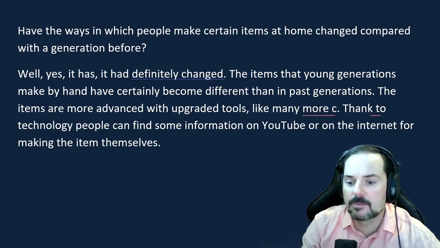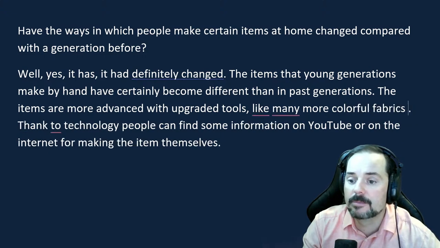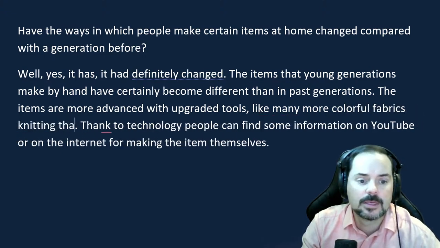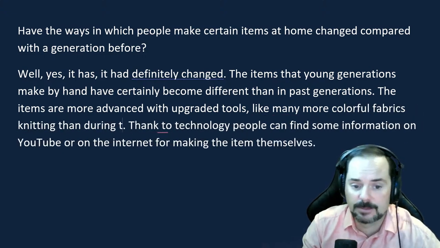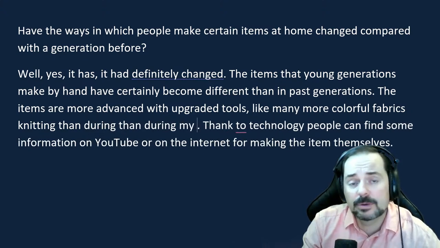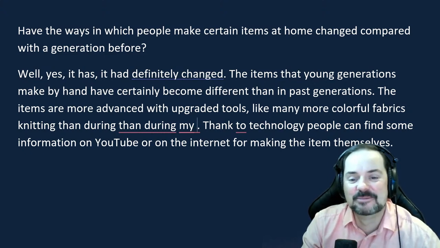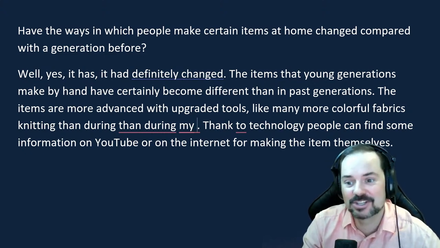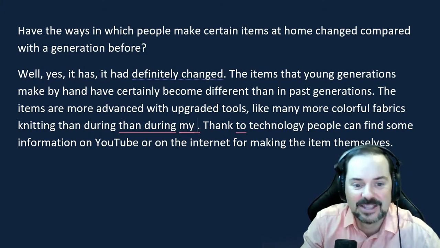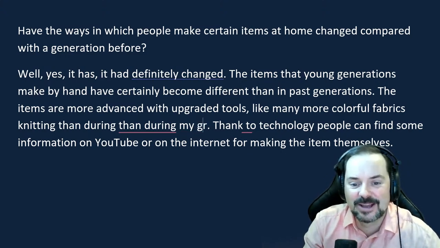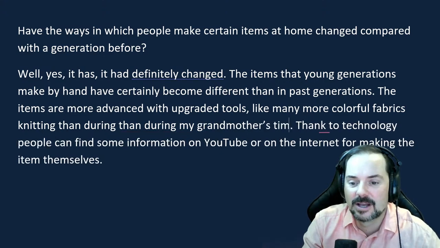Okay, so many more colorful fabrics for knitting than during my grandmother's time. I would have gone with an easier idea, like computers that help us design what we will make. But you went with something a little bit more challenging, like colorful fabrics, which is okay. Okay. All right.